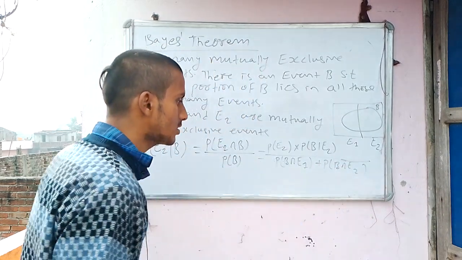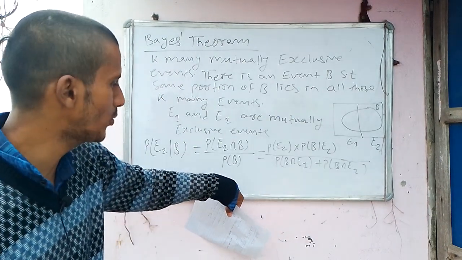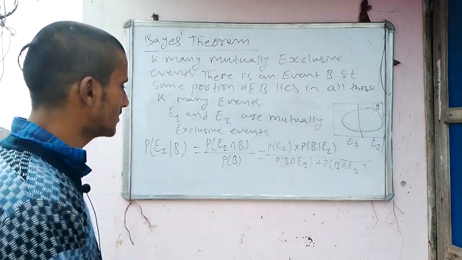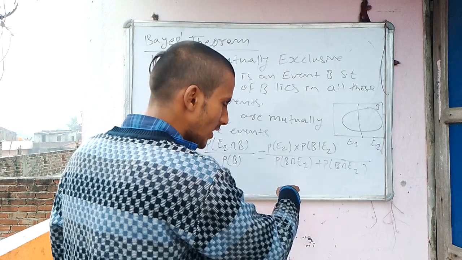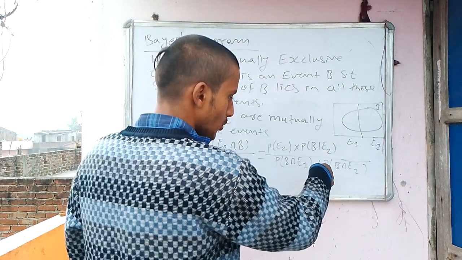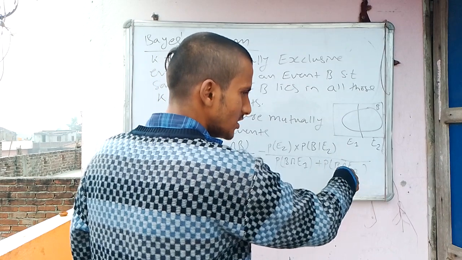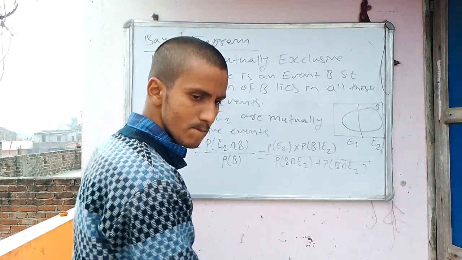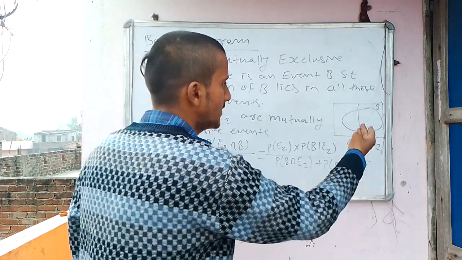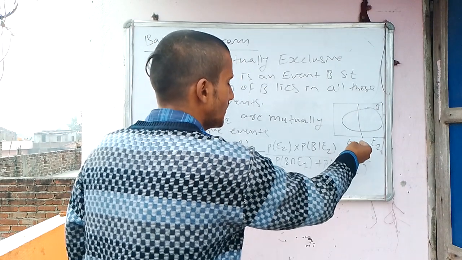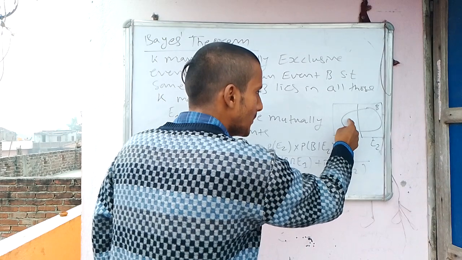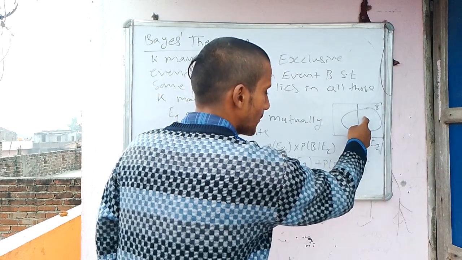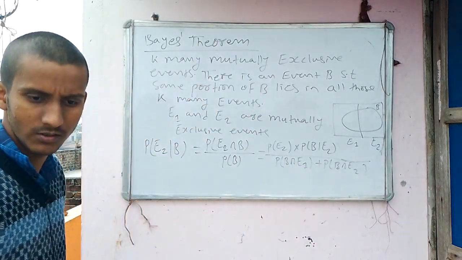In words, probability of B is the probability of B and E1 happening plus probability of B and E2 happening. So basically, E1 happens and B happens, plus E2 happens and B happens. That's what it is. Does that make sense?